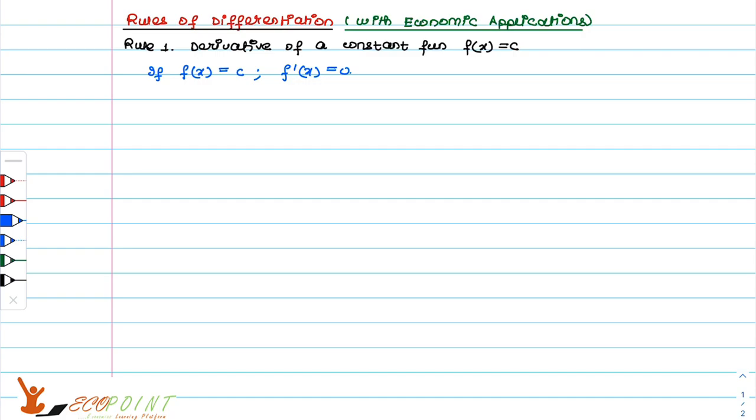Let us say you have the TR function, the total revenue function of the competitive firm. Total revenue is how much revenue you are making. You are selling Q units at a price of P, so the total revenue generated is P into Q. For the competitive firm, the prices are given to you. So price is constant.